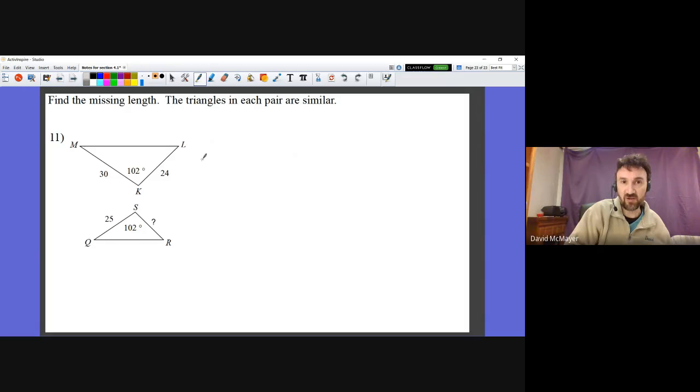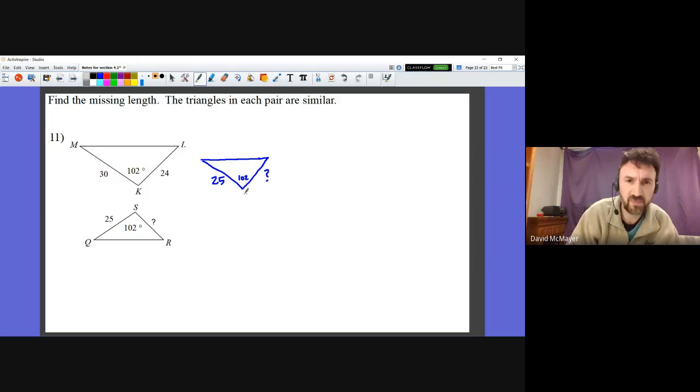So if I take this larger triangle and just draw a smaller copy of that larger triangle to match this one, we've got the 102-degree angle down there. If I make things match a little bit, it looks to me like SR is shorter than SQ. Okay, so I'm going to put the 25 on the long side and the question mark on the short side. And we're supposed to find that question mark.